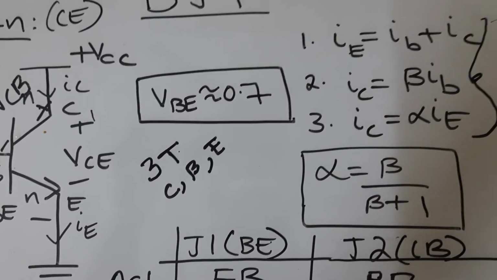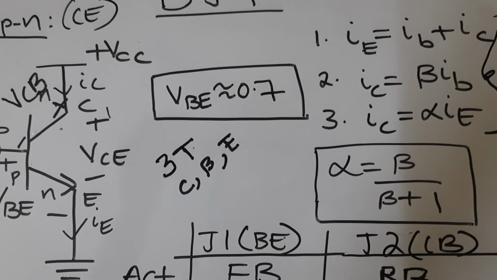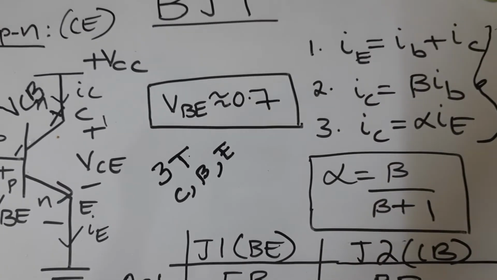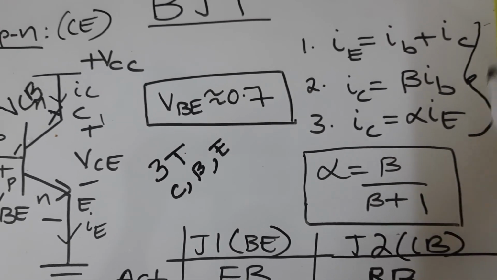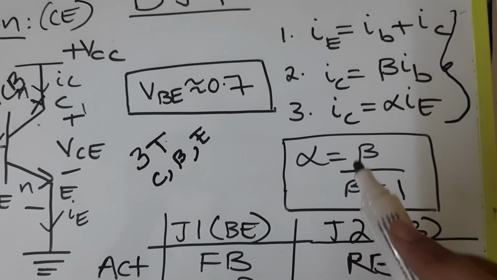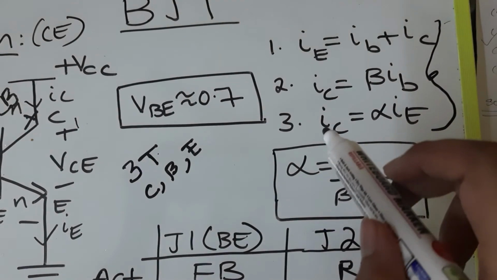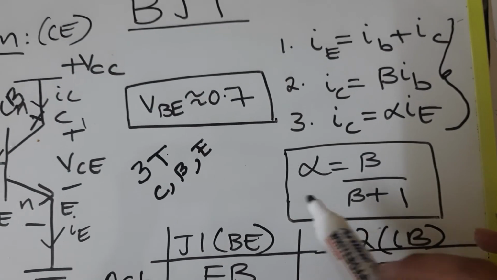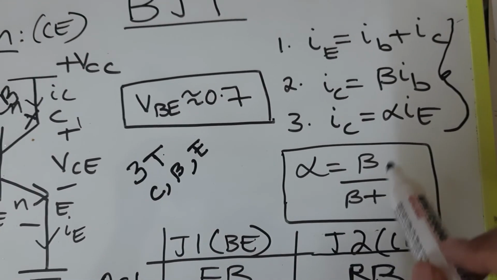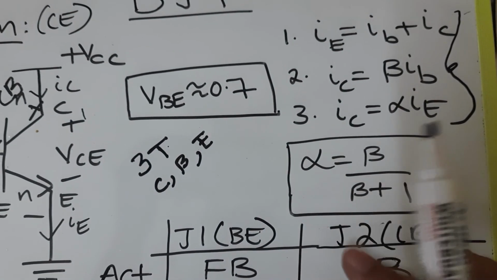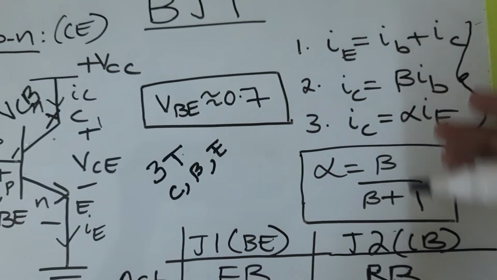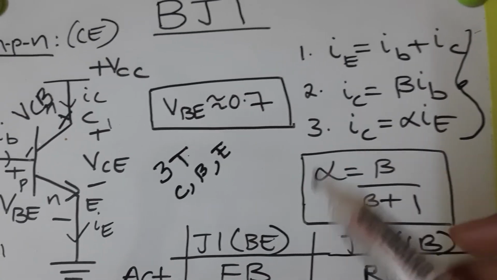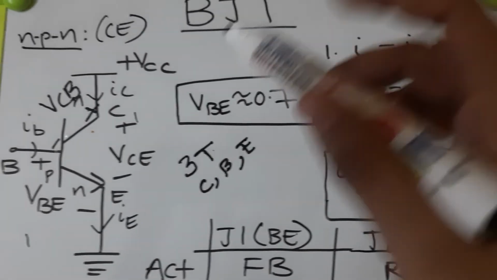Beta is the current gain in common emitter configuration. I will explain that tomorrow in detail. Just remember this for now. And IC is equal to alpha IE. The relation between alpha and beta is given below. Don't worry about this now, I am just telling you as basic knowledge. I will explain each and everything in detail when we see one configuration.